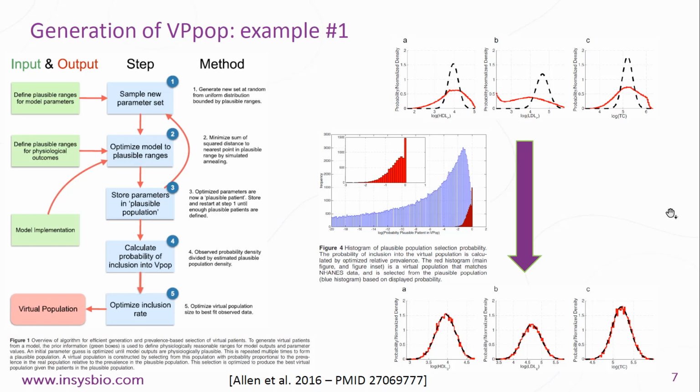First of all, you put wide ranges for the parameters, for example, physiological ranges. Then you generate a large virtual patient population, and this large cohort is called the plausible population. In the case presented in this article, 300,000 patients were simulated for the plausible population.